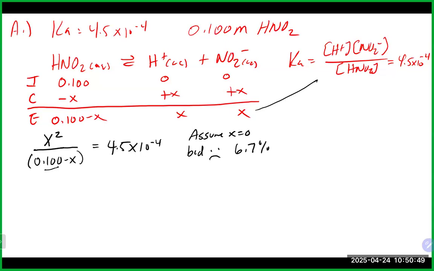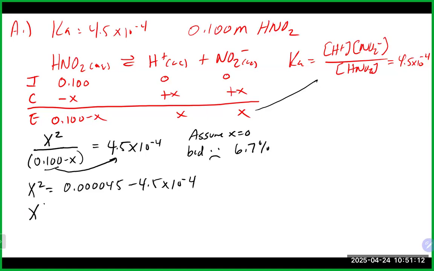So this means good old throwback quadratic day. Is that we're going to move that way here. And that's going to get us 0.00045 minus 4.5 times 10 to the -4. We want to bring everybody to the same side.